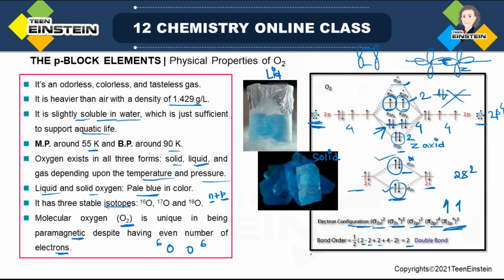After calculation you get 2, and bond order is nothing but the number of bonds. So as the bond order is 2, there are 2 bonds between the two oxygen atoms. In this way you can get so much information from the molecular orbital diagram: the bond order, why it is paramagnetic, all this information.